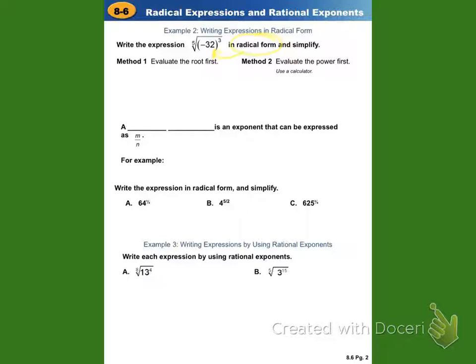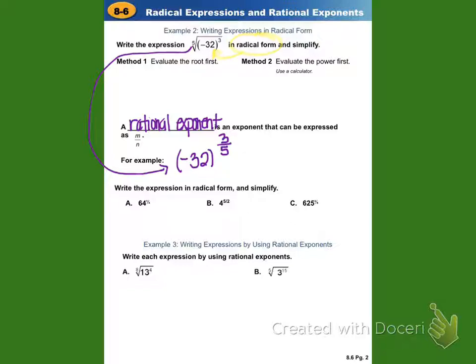Now for rational exponent form, the base is negative 32, raised to the power. The power goes on the top, so that would be a 3, and the roots grow under the ground, so the root goes on the bottom. This would be negative 32 to the 3/5.